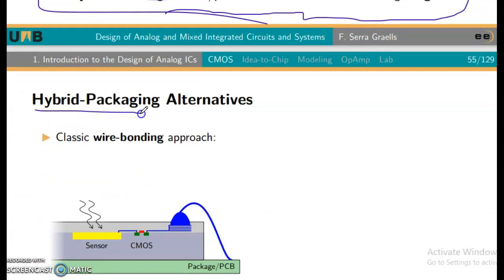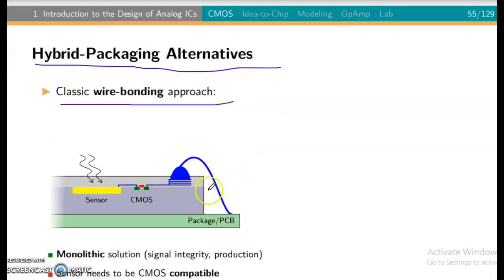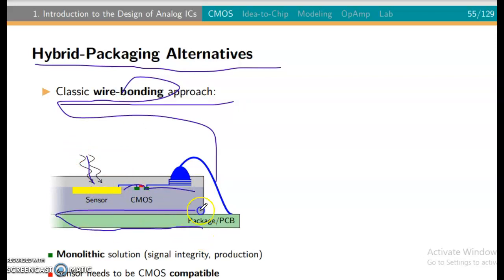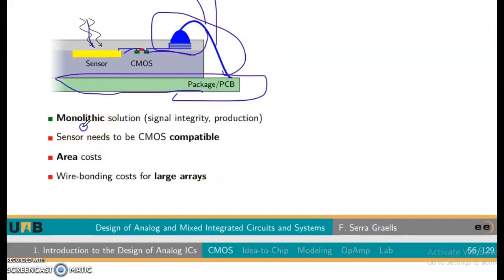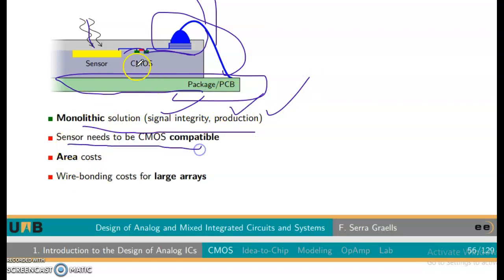Hybrid packaging alternatives. Classic wire bonding approach. Sensor, CMOS, package, PCB. Monolithic solution, signal integrity protection. Sensors need to be CMOS compatible.